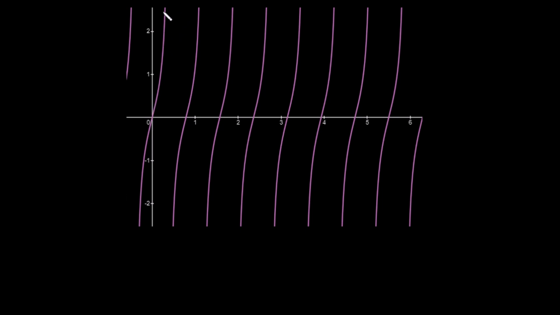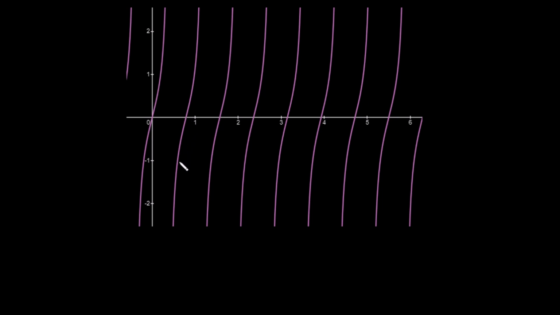So we can see this heading off to infinity, and it goes from minus infinity up to 0. So we can see it's going to repeat over this distance here. And then you can see it repeats again and again and again, and it just keeps repeating. So the period here is somewhere just below 1. Now that's in radians.